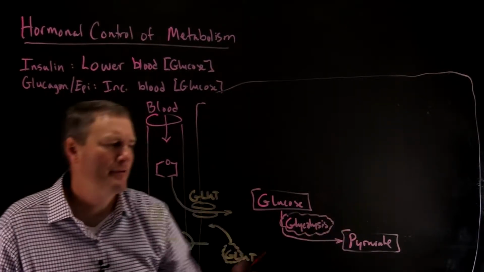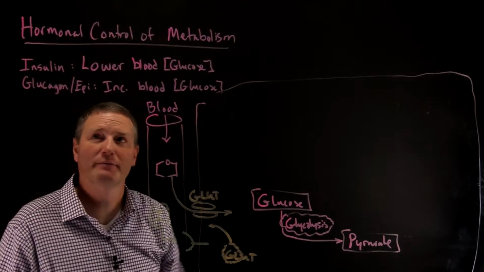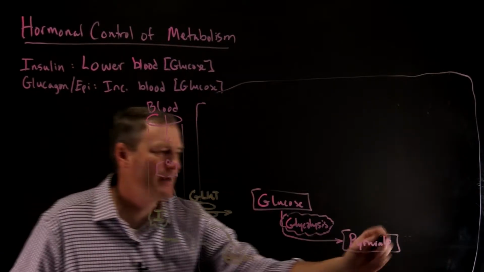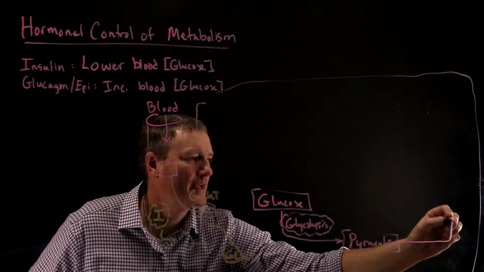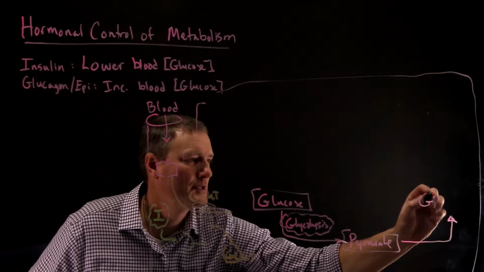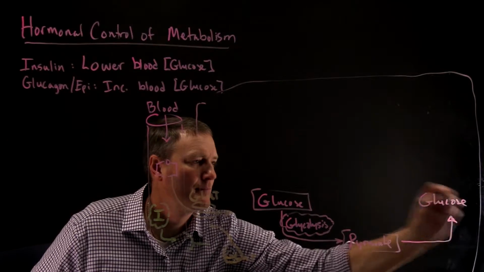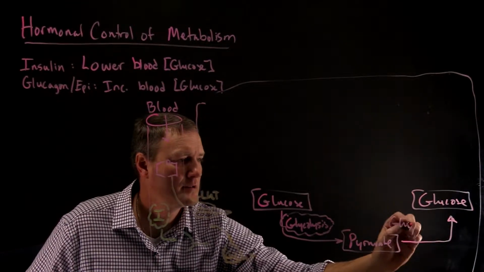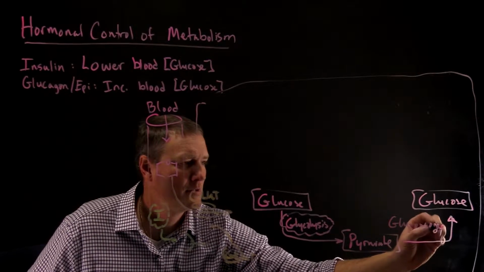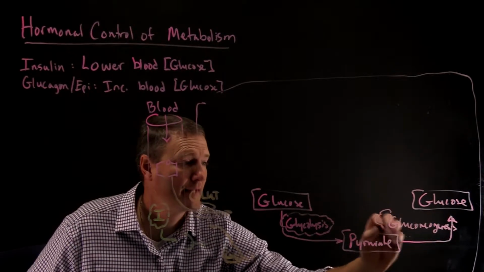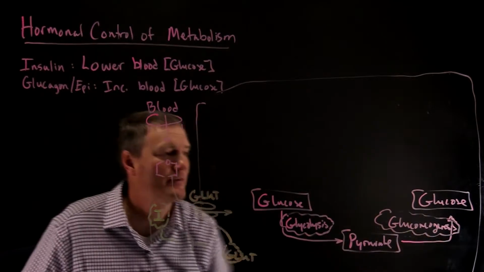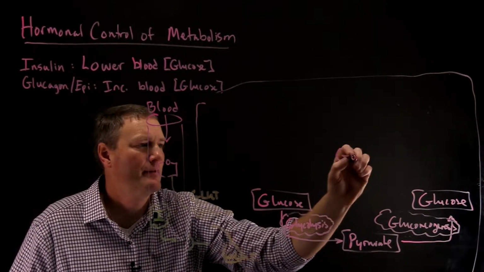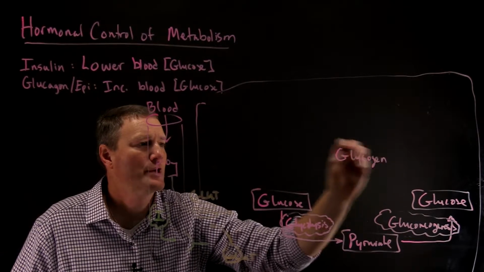Let's continue around with our figure, though, and then we're going to come back and insert what the effects of insulin and glucagon are. So glucose can be converted to pyruvate. Alternatively, pyruvate can be reconverted back to glucose through the process called gluconeogenesis. And that's an 11-step pathway that we've talked about previously. Lastly, let's just put in glycogen, the insoluble storage form of glucose.